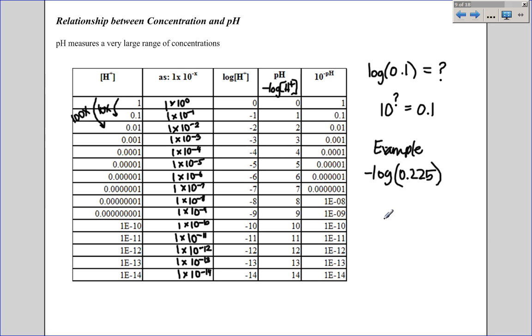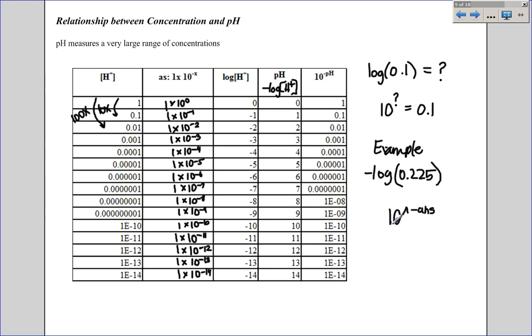Now what we want to do is reverse that, so I want to undo the log. The opposite of log is 10 to the power of. So if you do 10 to the power of the negative of your answer, see what you get. And what you get is 0.225.